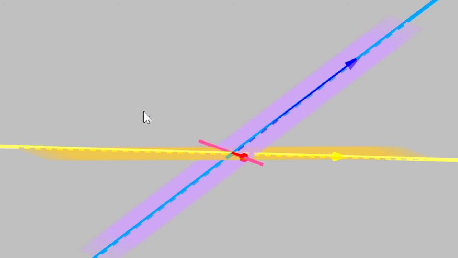And so you see, span and linear independence are very closely related. To recap, if we only have one vector, its span is a line. Well, that is assuming that the vector is non-zero.